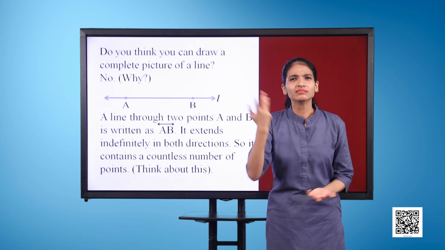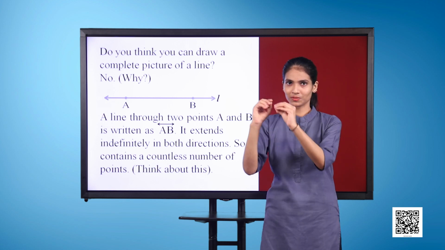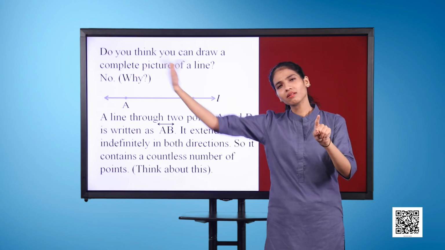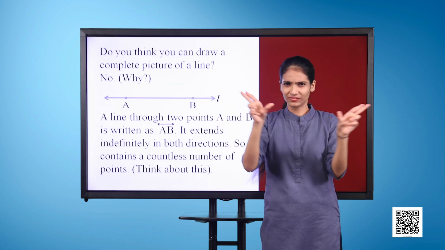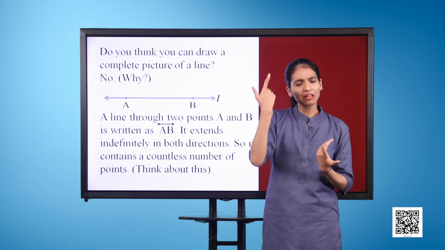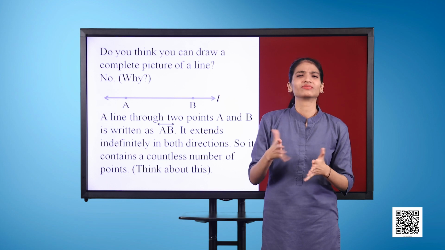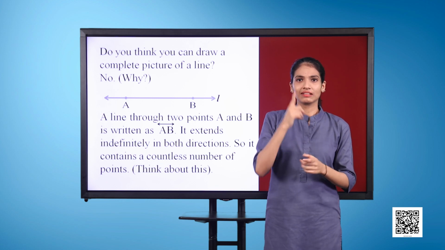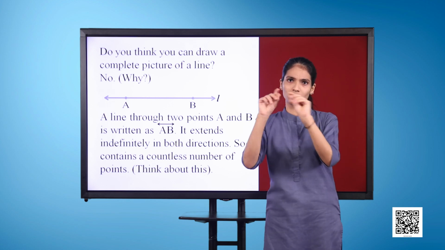Do you think you can draw a complete picture of a line? No. Why? A line through 2 points A and B is written as AB with an overhead extended arrow bar. It extends indefinitely in both directions, so it contains a countless number of points. Think about this.